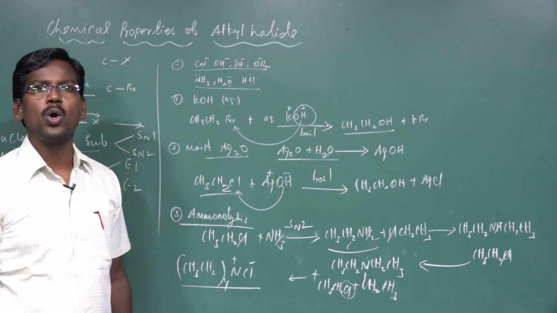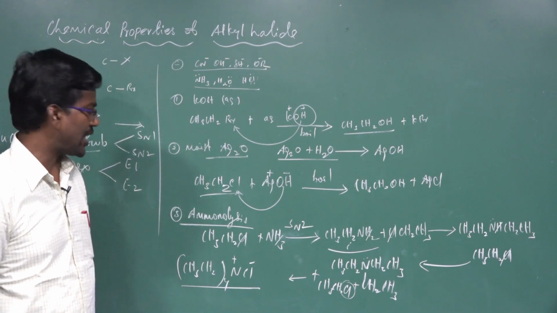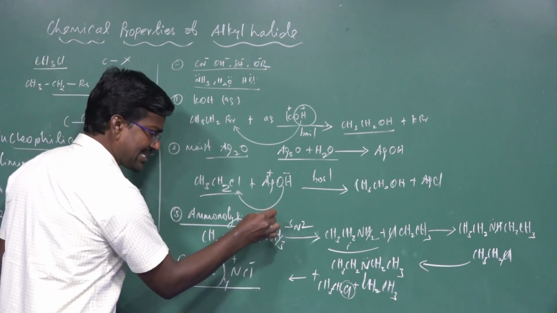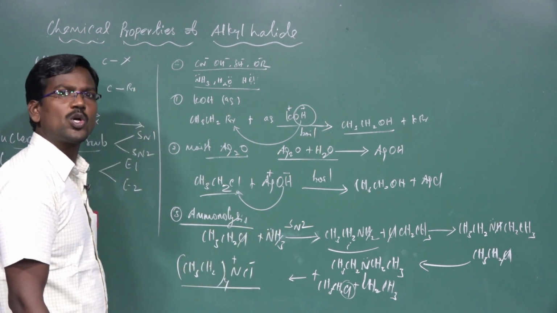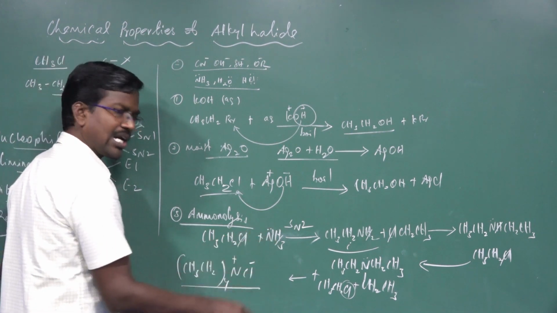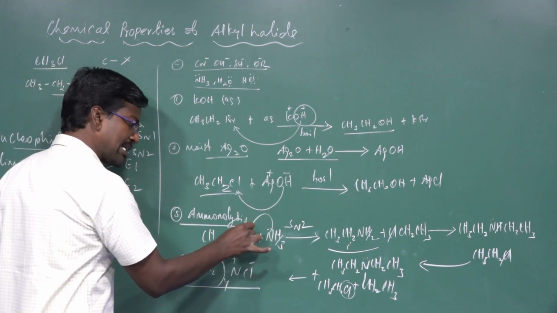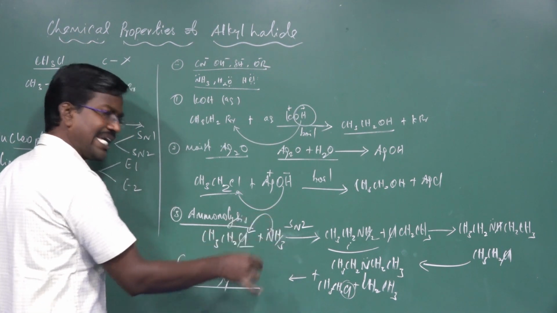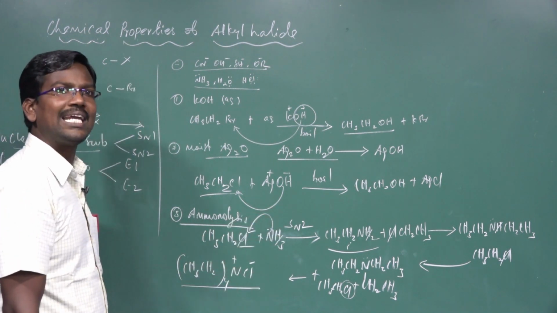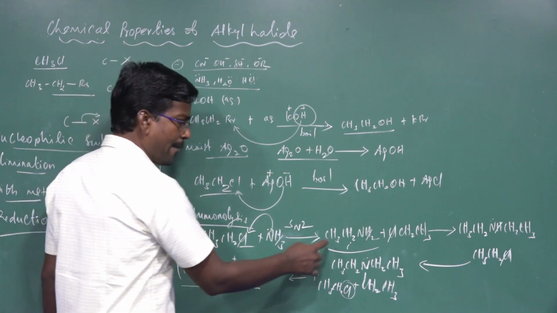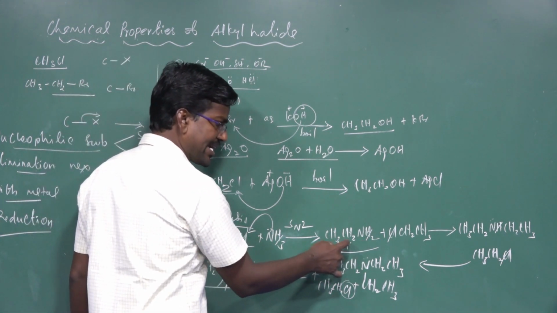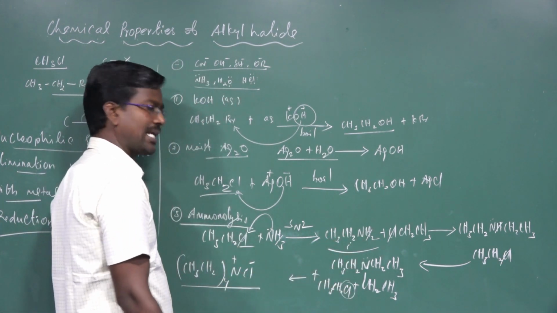One or more lone pairs of electrons. Ammonia contains nitrogen possessing a lone pair of electrons. That lone pair in the ammonia molecule acts as a nucleophile. The nucleophile substitutes in the place of chlorine in ethyl chloride.